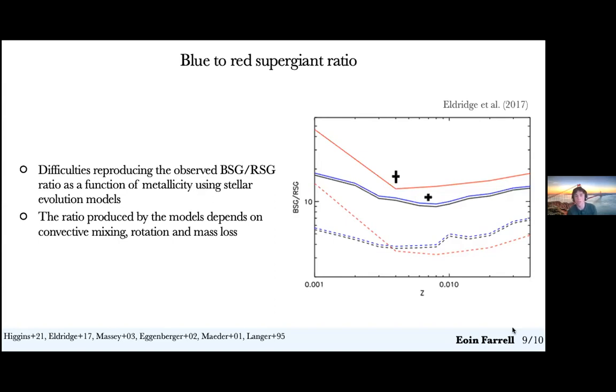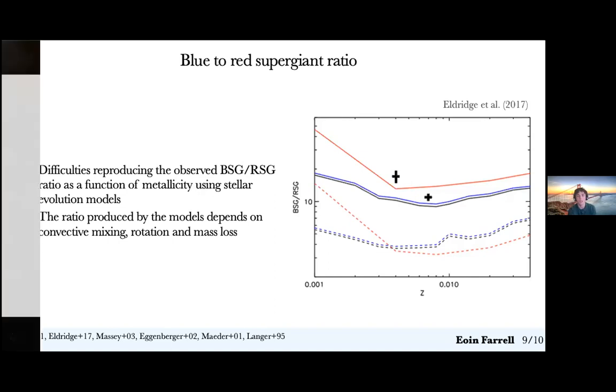This figure here on the right compares the observations indicated by the black crosses with outputs from population synthesis models, from binaries in solid lines and single stars in dashed lines. The different colors indicate different model assumptions. This kind of study can be quite complicated as it depends on, from the modeling side, convective mixing, rotation, and mass loss.